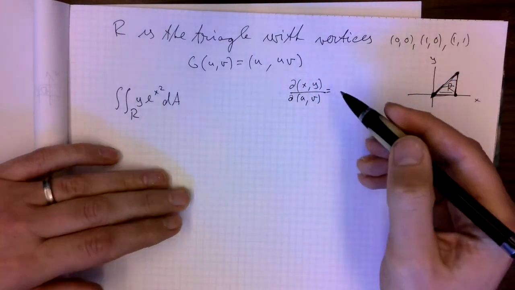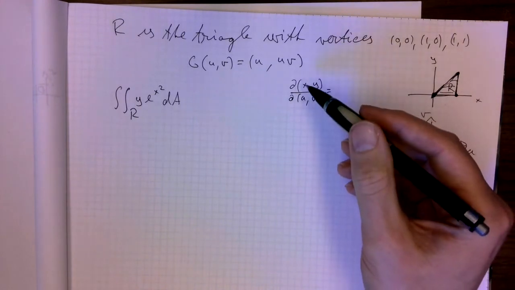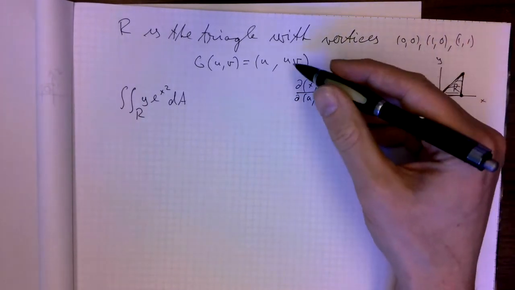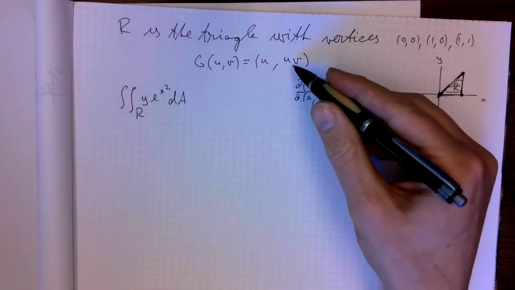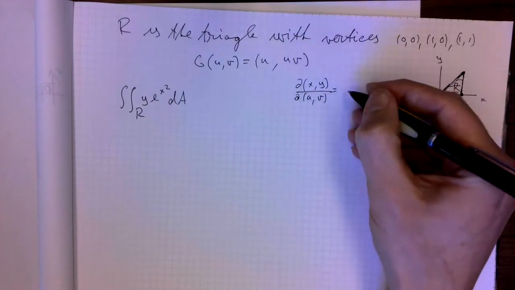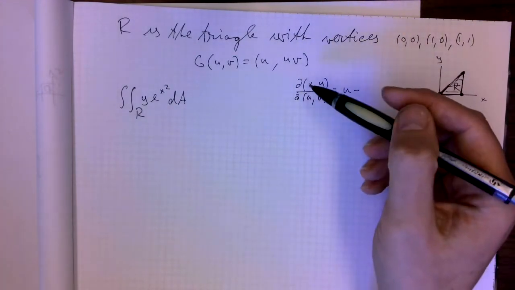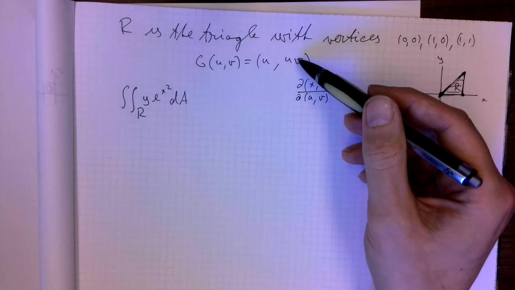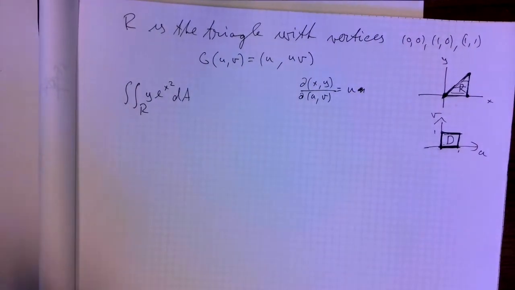So it's going to be dx/du, dy/dv. dx/du is 1, dy/dv is u. So I'm going to have u minus dx/dv, which is 0, times dy/du, which is just 0. So this is just u.